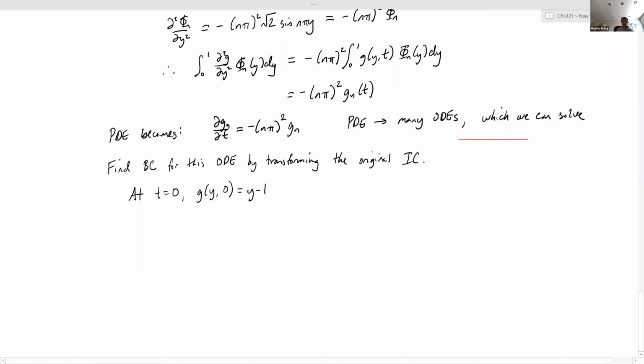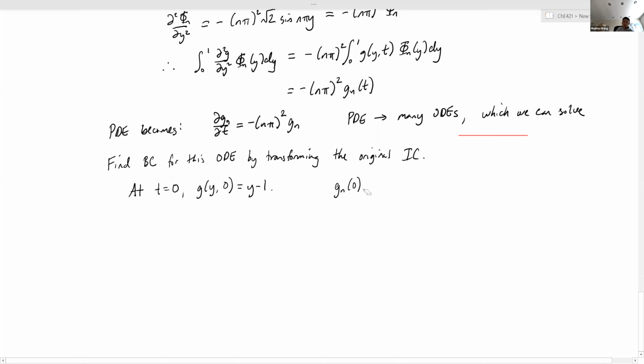And so what this means is that gn evaluated at time t equals 0, to make it even more clear, I'll write this, evaluated at time t equals 0, is equal to the inner product of g evaluated at t equals 0 and one of the basis functions. Okay?